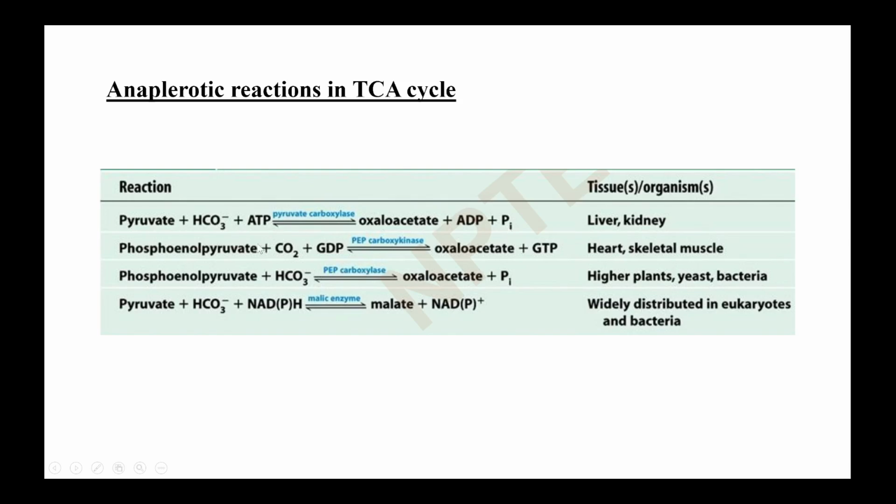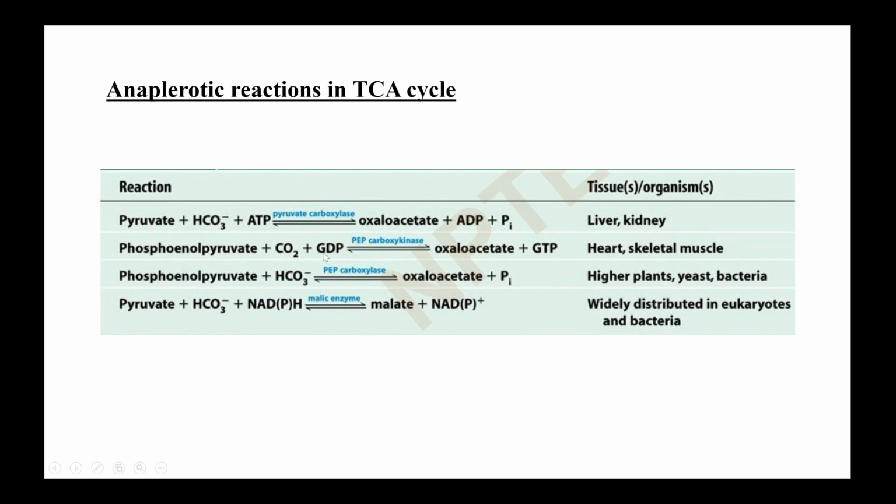Okay, similarly, there's another anaplerotic reaction that replenishes oxaloacetate, that is from phosphoenol pyruvate. So phosphoenol pyruvate is converted by phosphoenol pyruvate carboxykinase and phosphoenol pyruvate carboxylase. Both of the enzymes can do this conversion of phosphoenol pyruvate to oxaloacetate. In heart and skeletal muscle, phosphoenol pyruvate carboxykinase is present, and since it's a kinase, obviously a phosphate transfer reaction is involved.